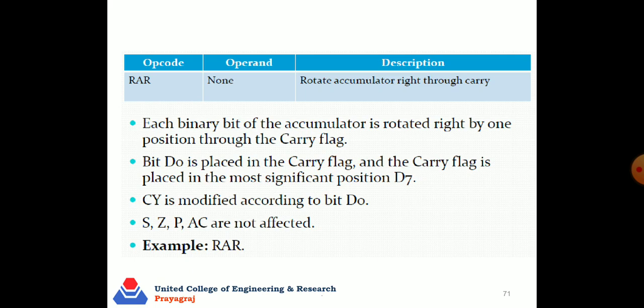It is a shift to the right hand side. In this instruction, the carry flag is modified according to bit D0, and the sign flag, zero flag, parity flag and auxiliary carry flag are not affected.